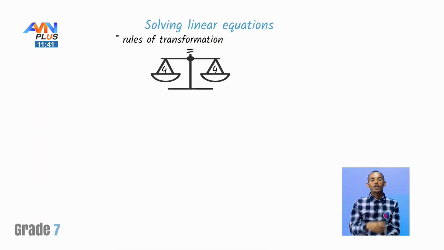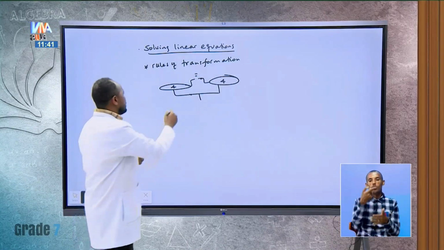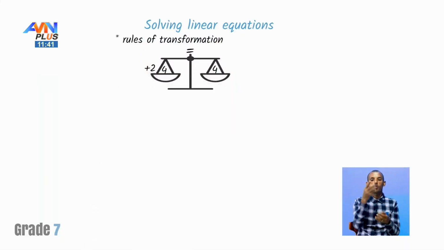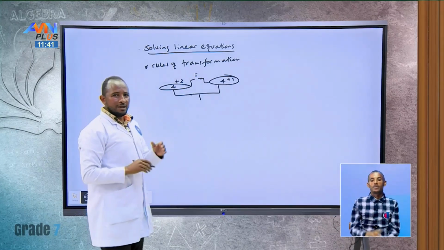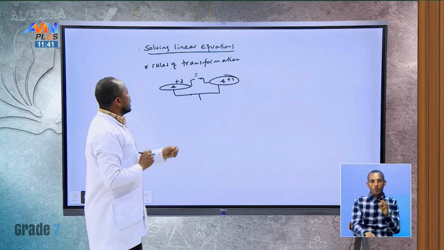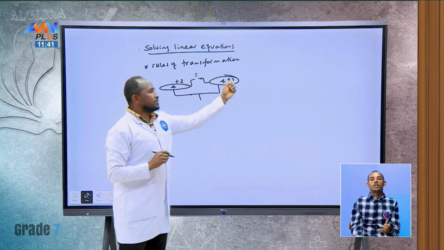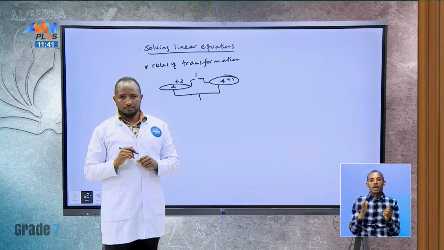So they are equal. It remains balanced. What would happen if you add 2 kg here and 2 kg here? The balance remains unaffected. So adding the same number to both sides of an equation doesn't affect the equation.